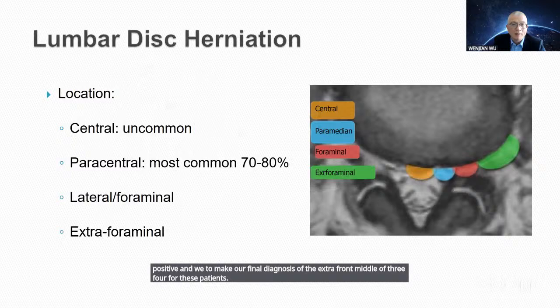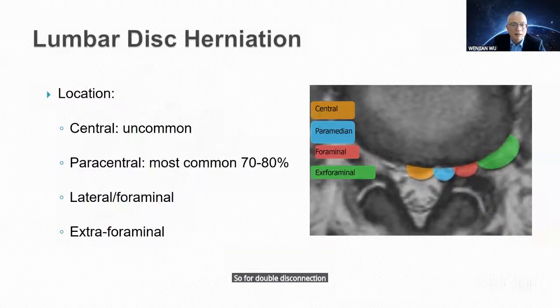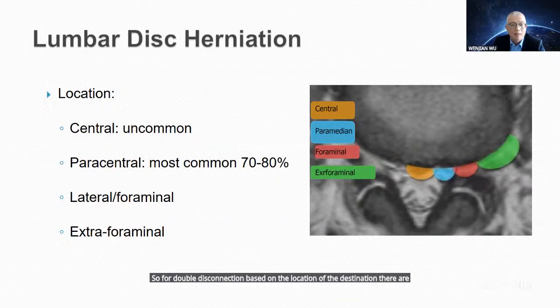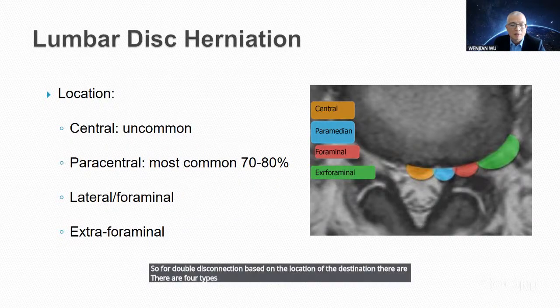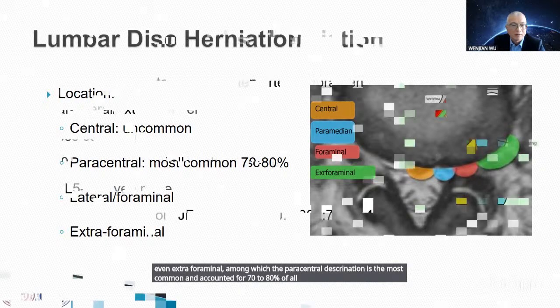For lumbar disc herniation, based on location there are 4 types: central, paracentral, lateral foraminal, and extraforaminal, among which paracentral is the most common, accounting for 70 to 80% of all lumbar disc herniation.